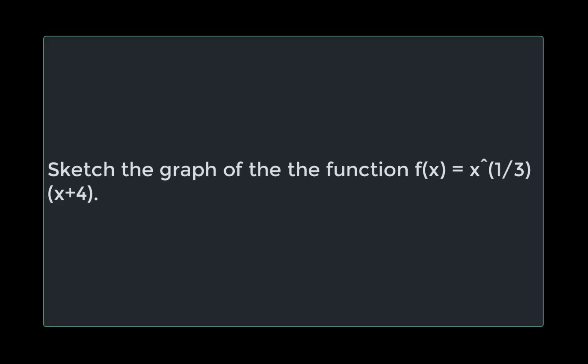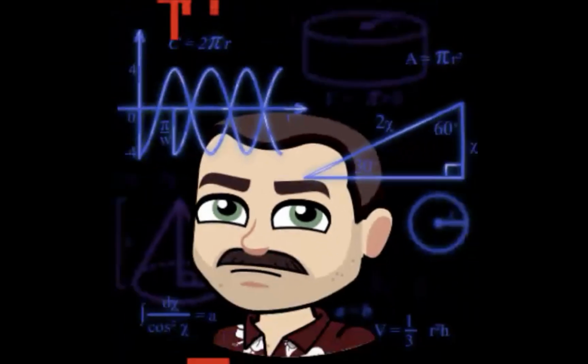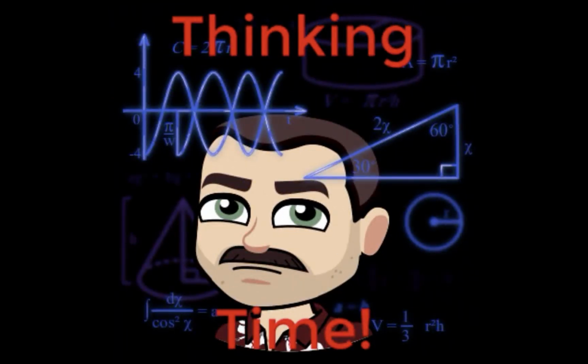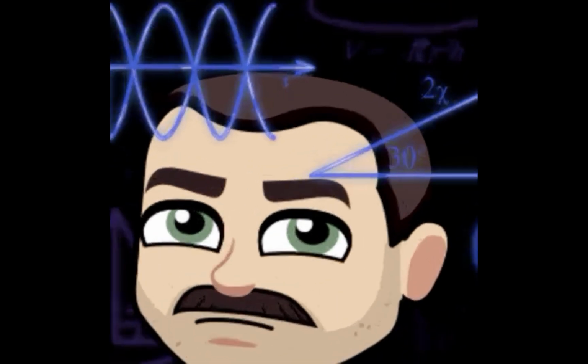The question we're working on today is, sketch the graph of the function f of x equals x to the 1/3 times x plus 4. So we'll begin this question by writing down the function. F of x equals x to the 1/3 times x plus 4.